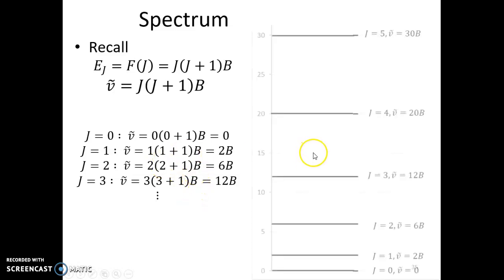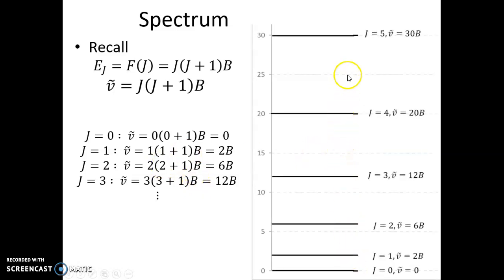We can represent this in an energy level diagram. So here we have calculated from J equals 0 to J equals 5. So J equals 0, energy is 0. J equals 1, energy is 2B. J equals 2, energy is 6B. So what comes up is that we notice that as J increases, the energy spacing increases.